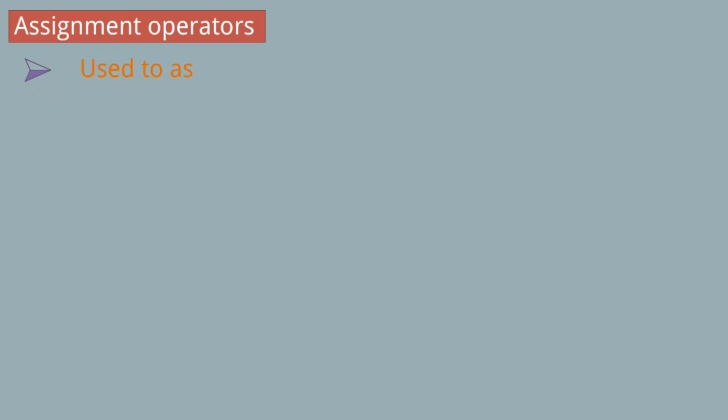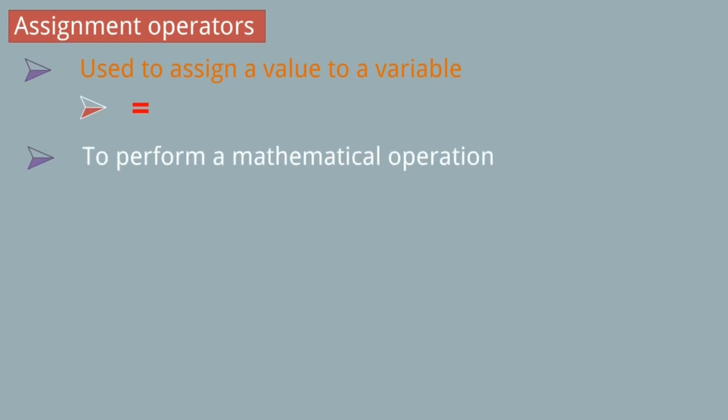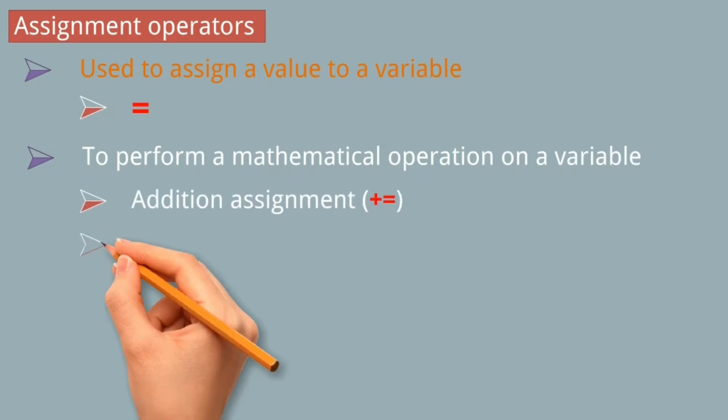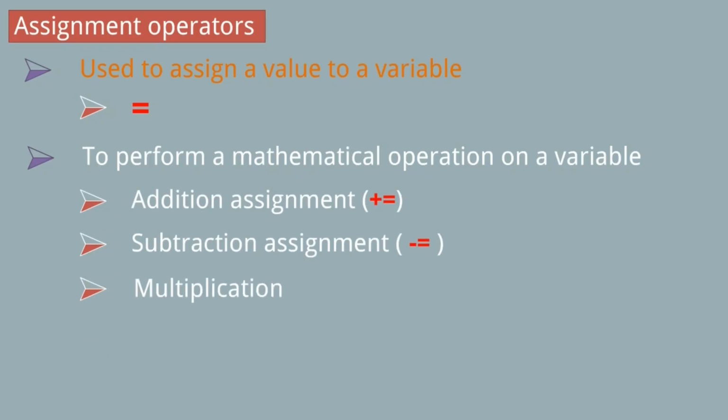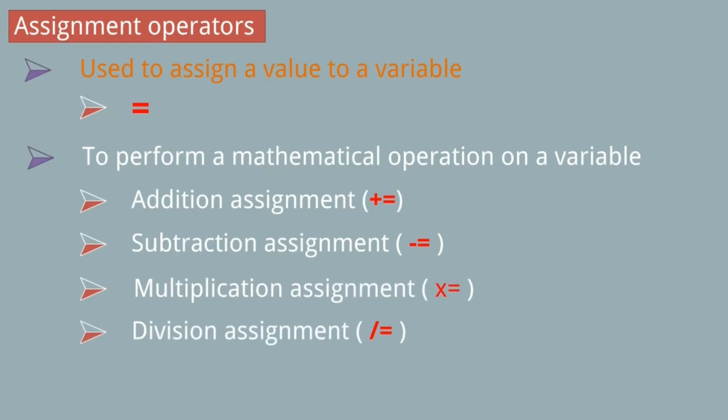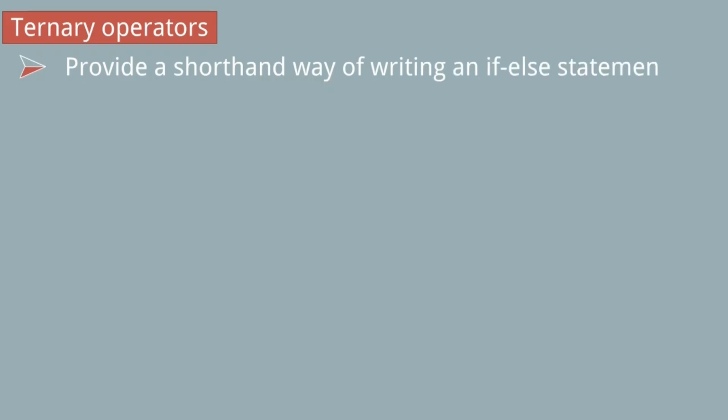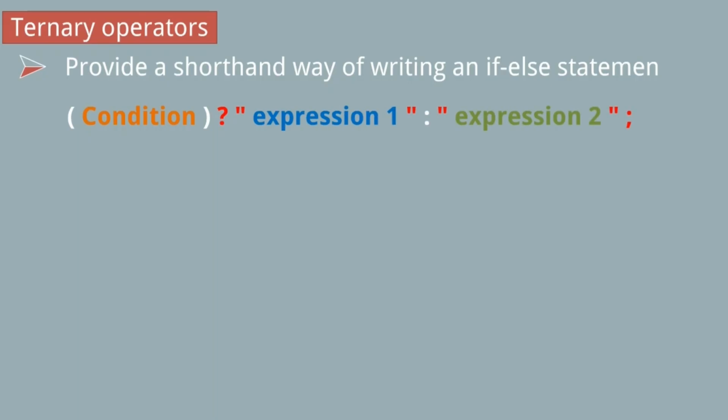These operators are used to assign a value to a variable, such as the equal sign, or to perform a mathematical operation on a variable and assign the result, such as addition assignment, subtraction, multiplication assignment, division assignment, and remainder assignment operators. Then the last one we talked about is the ternary operators. These operators provide a shorthand way of writing an if-else statement using the format condition question mark expression 1 colon expression 2.